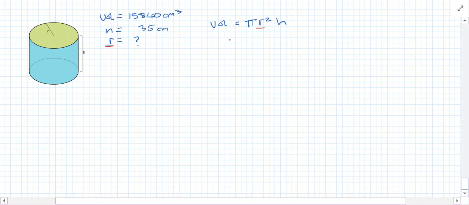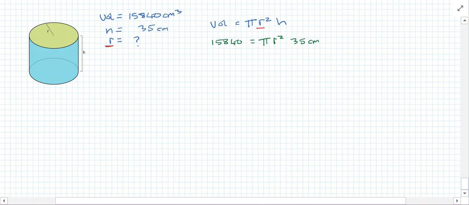So if we think about this, the volume, 158.40 is equal to pi r squared. We don't know what r is, that's what we want to work out, and we have the height, which is 35 centimeters. So then we can work through this and work out what we have.